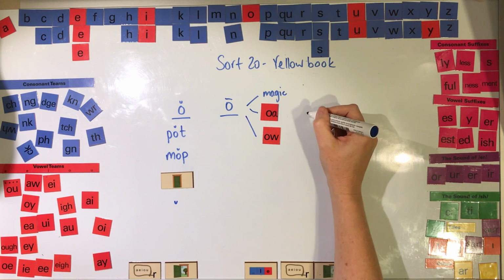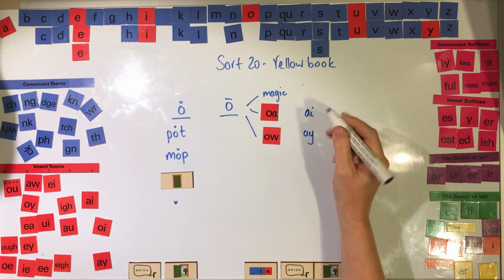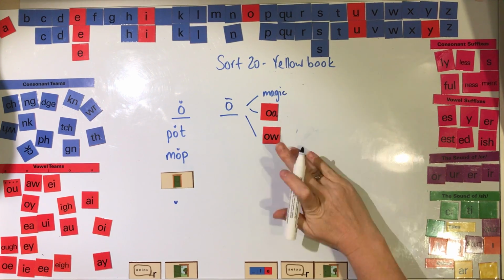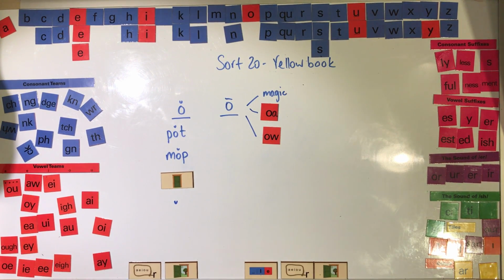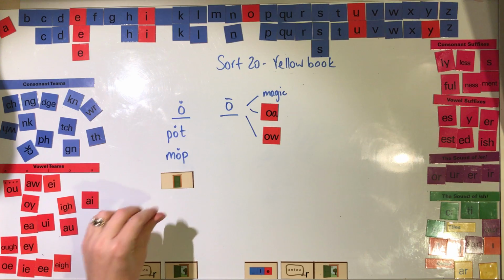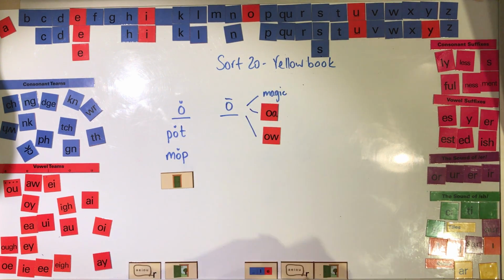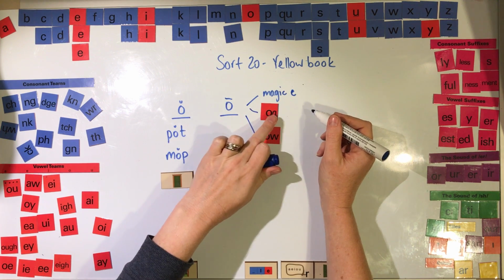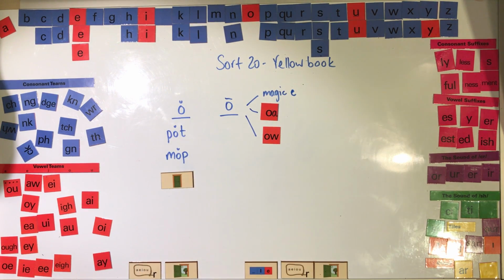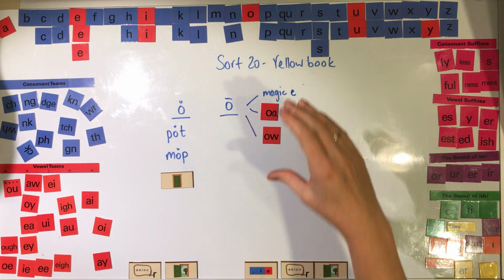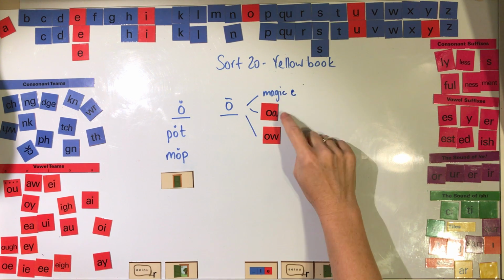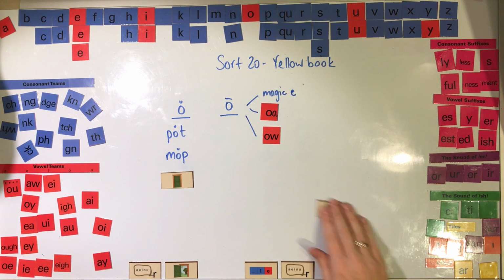We had AI and AY, so very similar, well, I suppose it's not that similar, but anyway, it's two vowel teams that make the O sound. So we've got single vowel O, and then we've got magic E making O say O, and we've got OA and OW. So we have got three ways that we can make the O sound in words. And these are all open syllables.